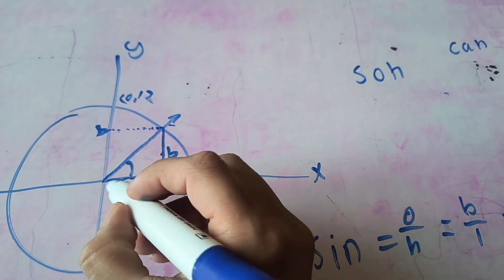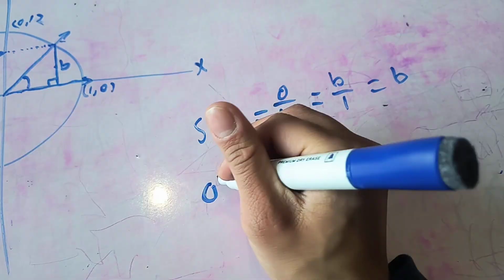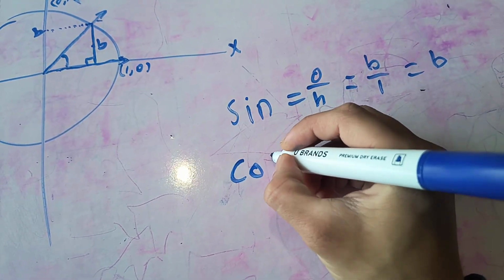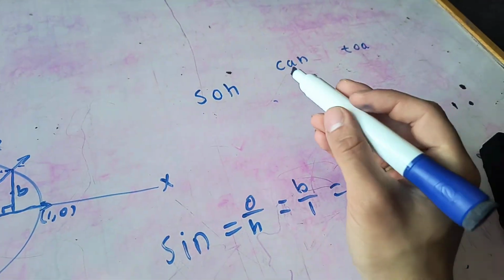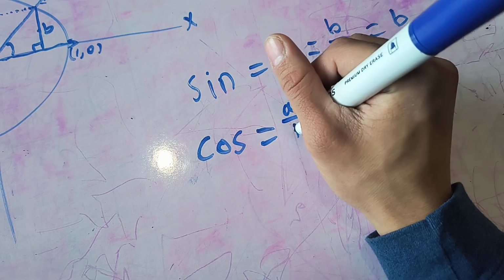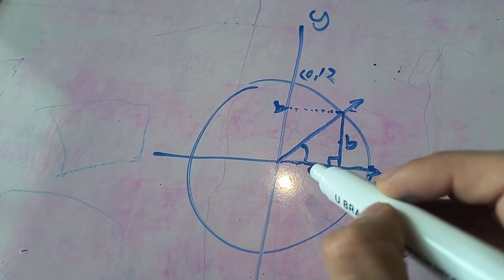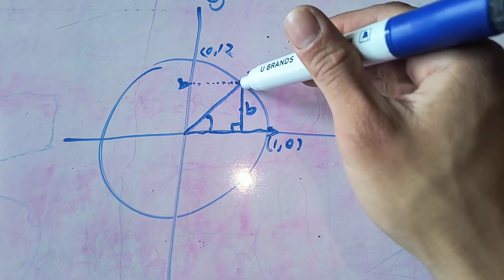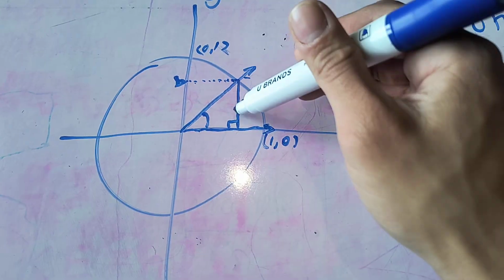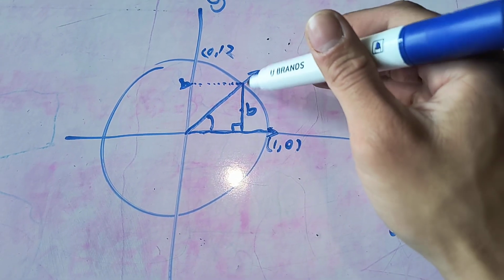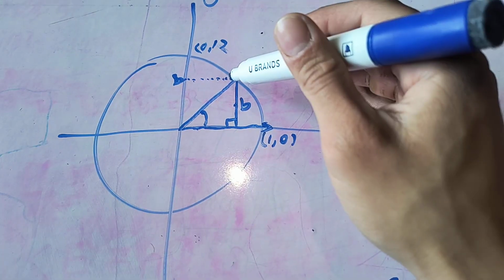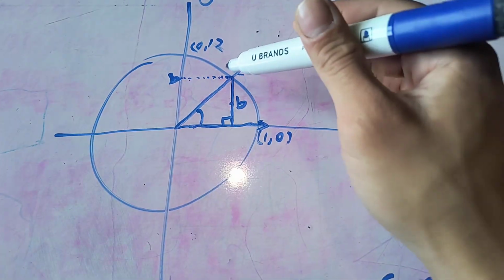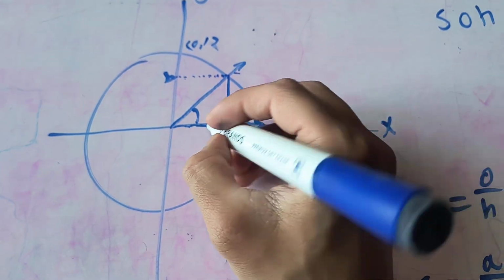Okay, but what about cosine? Cosine is equal to adjacent over hypotenuse. The adjacent side for this angle is this right here, and this is going to be equal to the x-coordinate, the x-coordinate at which the hypotenuse intersects with the unit circle.